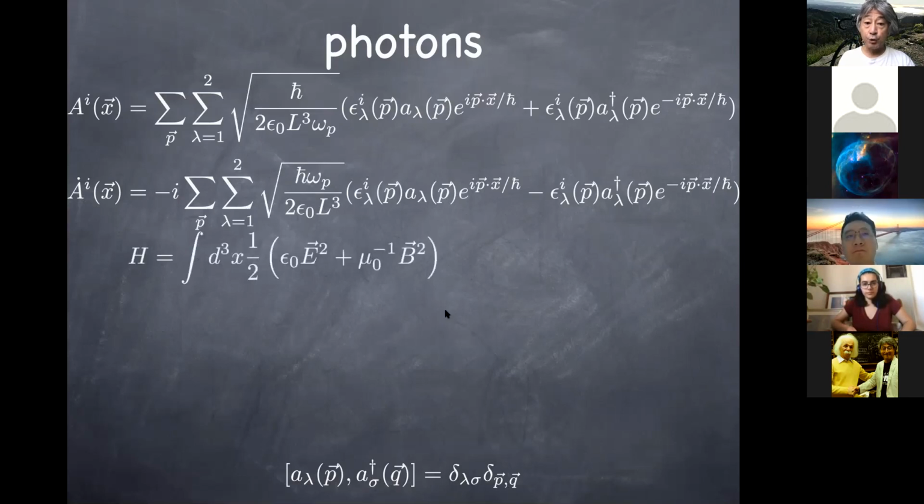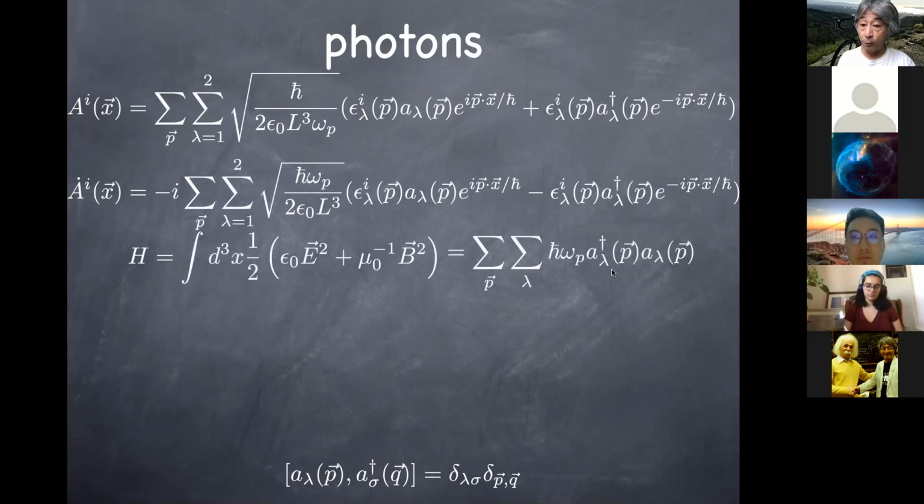And that's when you know that the system is now a system of just the photons we wanted to get from this. You can also work out the Hamiltonian for this system, which is basically E squared plus B squared. If you just plug in these expressions for A and A dot into this, you can verify that it is really just a collection of a bunch of photons.